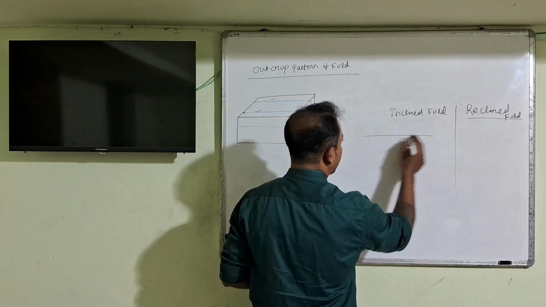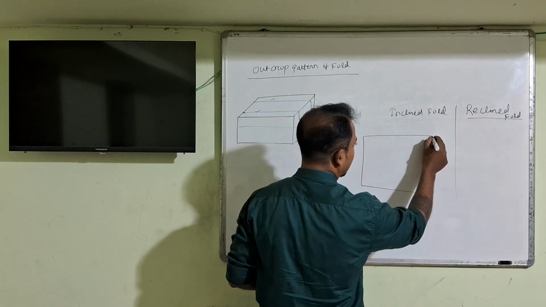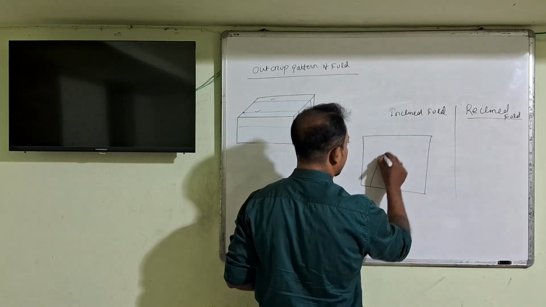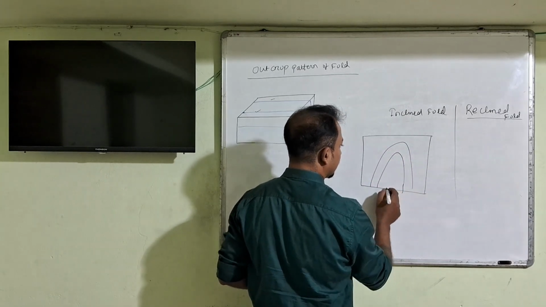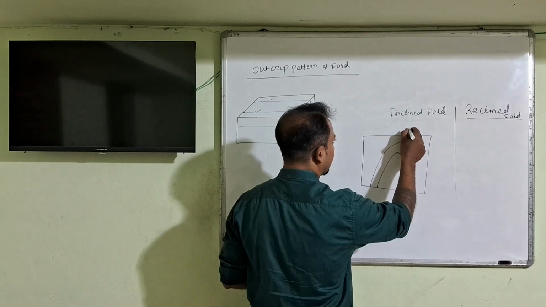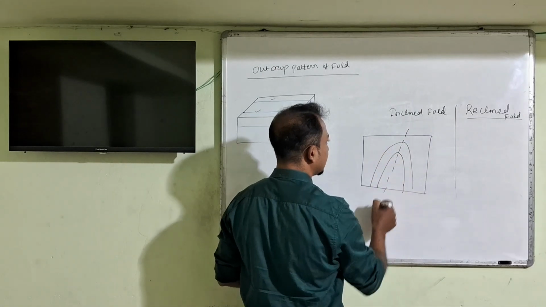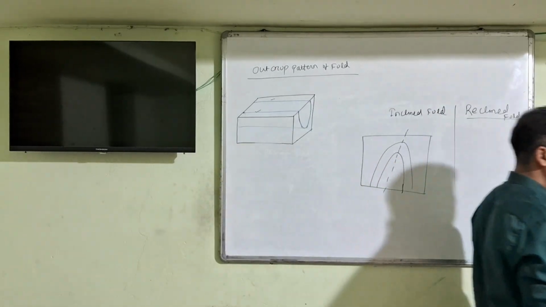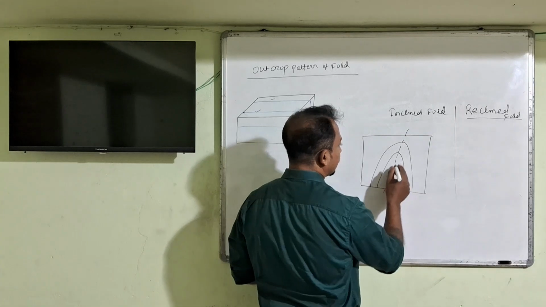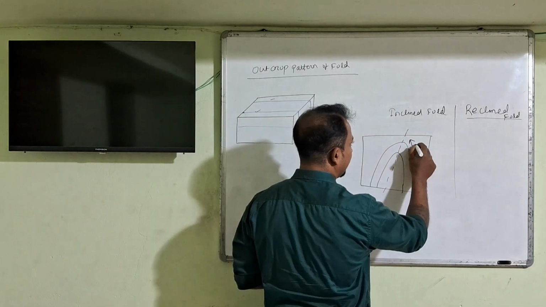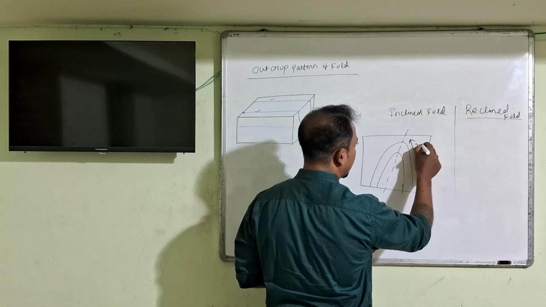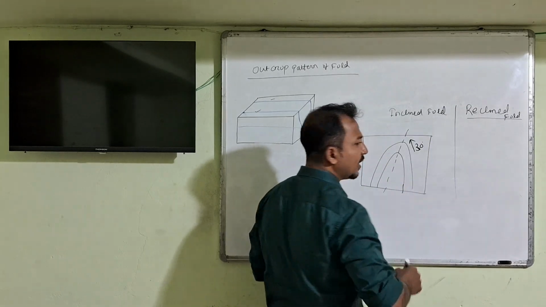So the outcrop pattern of inclined fold: remember here, this will be your axial trace. The trend of the fold axis will be inclined to the axial trace.